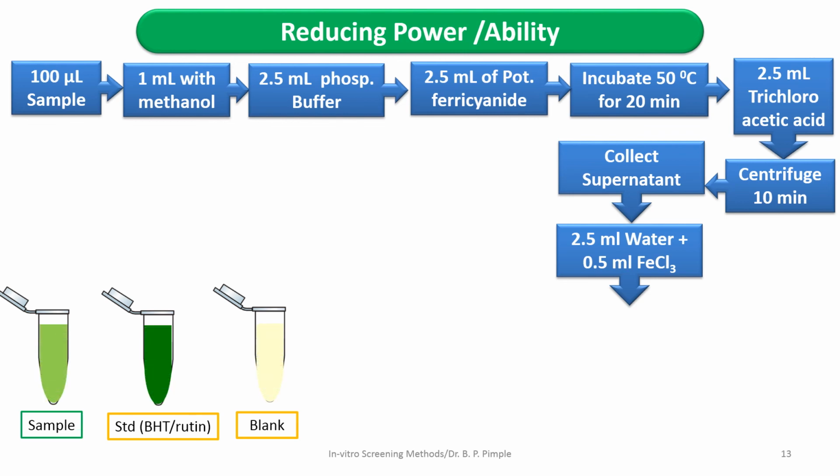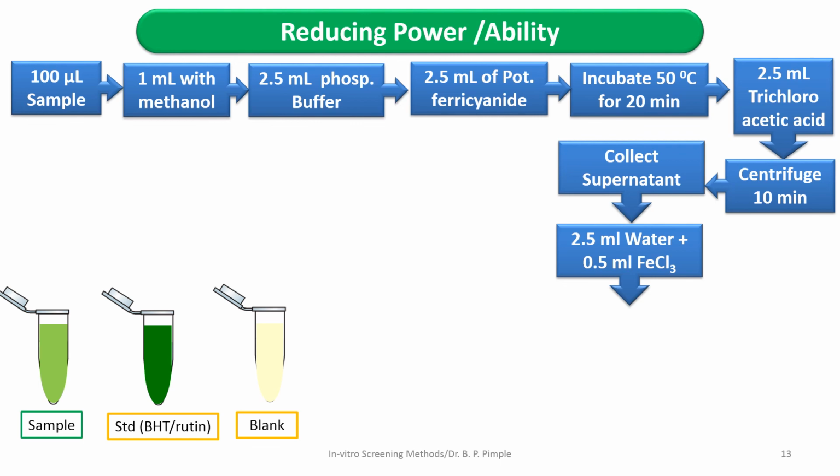The moment you add water and ferric chloride, different test tubes give different colors. Since the blank does not have any antioxidant in it, it will not produce any green color complex. So ferric ions will remain as such. Whereas the standard, since it has more antioxidant, has converted all the ferric ions into ferrous ions, thereby producing a dark green color complex.